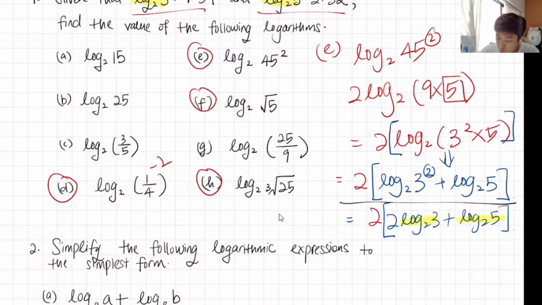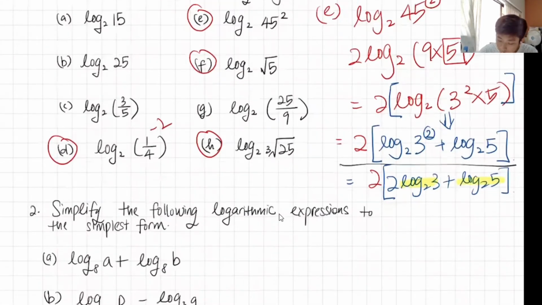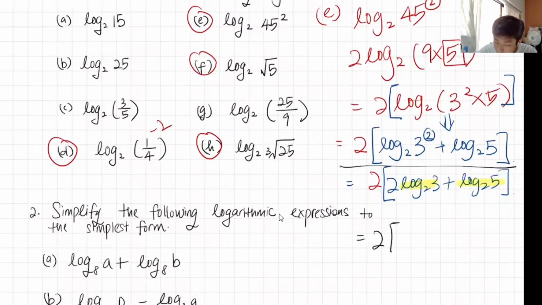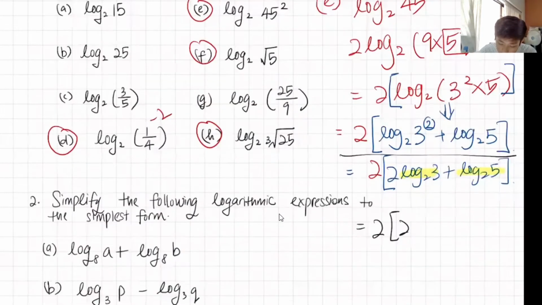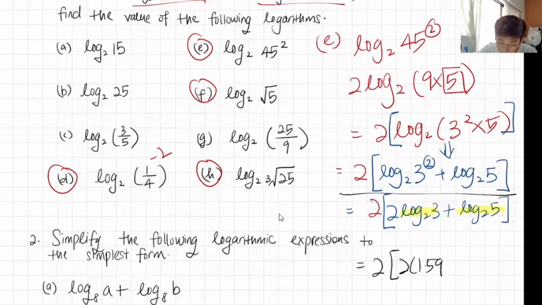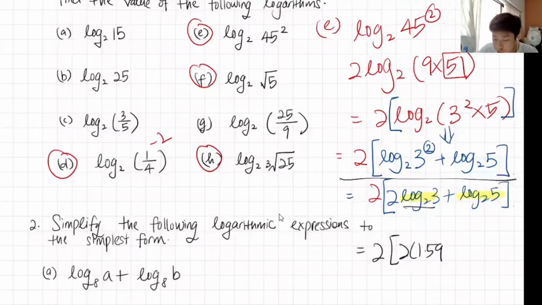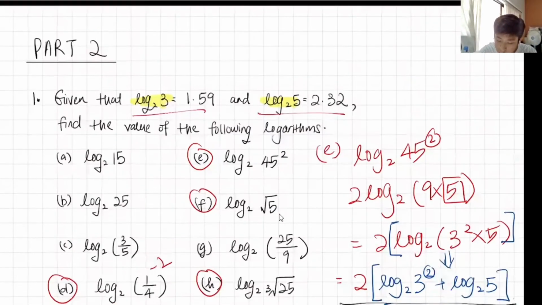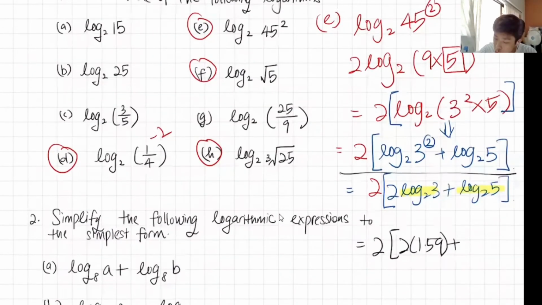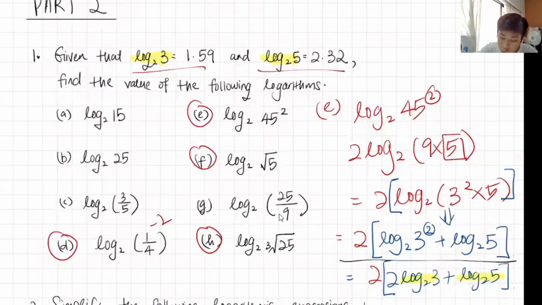So you substitute. So you have 2 in a bracket, 2 times 1.59, because log 2 3, according to the question they gave you, is equals to 1.59. And that is the purpose they give you, because they know that you're going to reach here. You got what I mean? And then plus 2.32, because 2.32 is log base 2, 5.